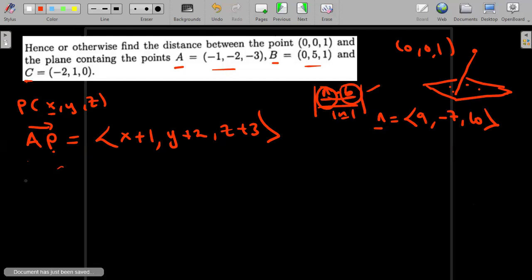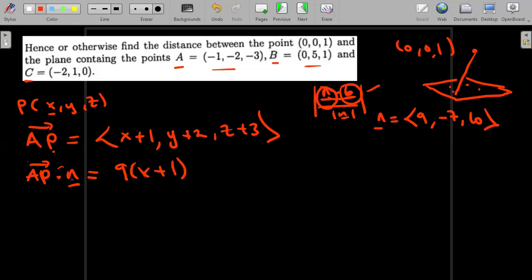So now to get this, you just say AP, then you're multiplying with the n. Then what is your n? So you have 9. So 9 is going to multiply x plus 1, because it's dot product, plus, of course, there's a negative sign there, negative 7, then y plus 2, then plus 10 multiplied by z plus 3, like this.